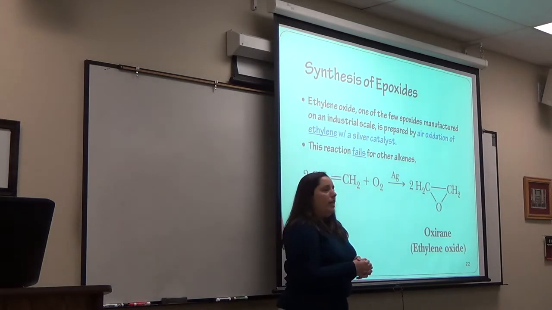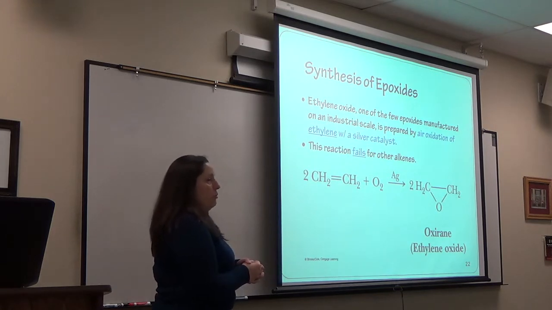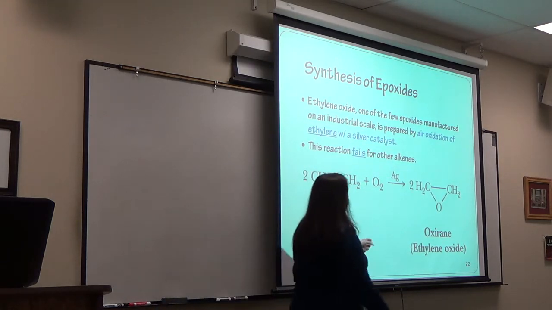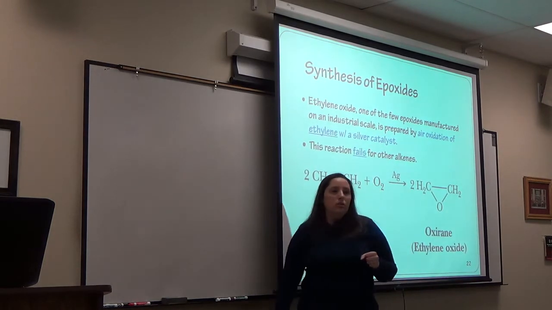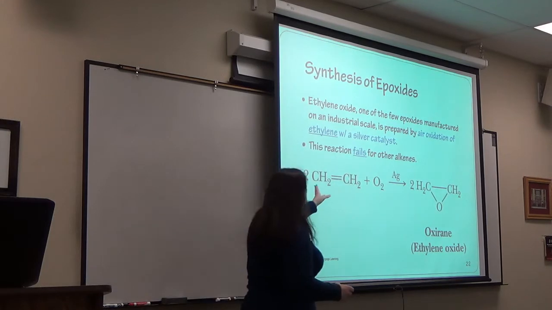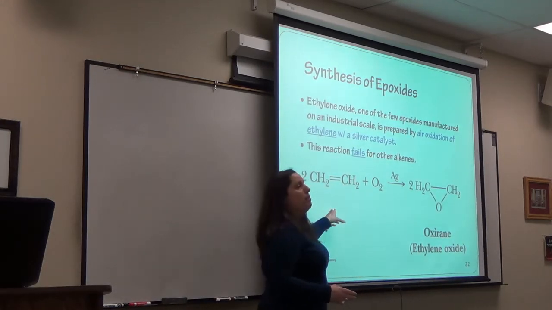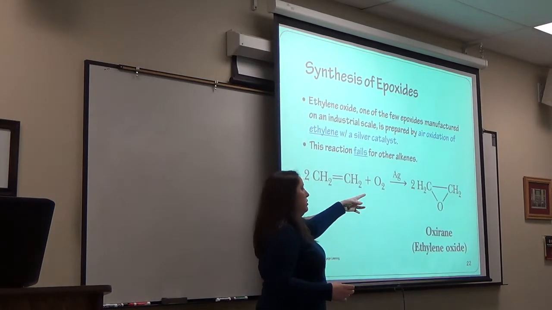Okay, so an alkene is added to oxygen, that's one preparation, in the presence of a catalyst, right? So in this case it's silver, so it's a metal catalyst there. And then what happens is you open the double bond and you make the bond to the oxygen. Now why do you get 2?